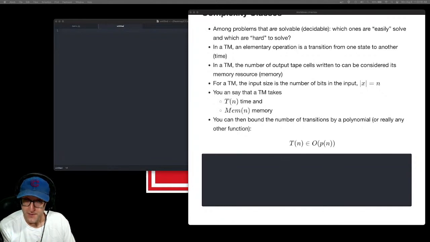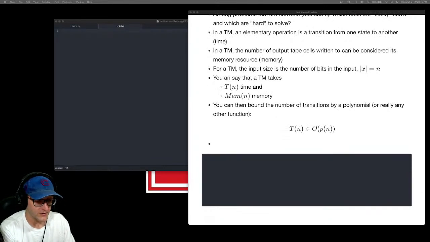And that will be our notion of time resources. That'll be our big O notation as far as Turing machines go. So this allows you to define complexity classes.